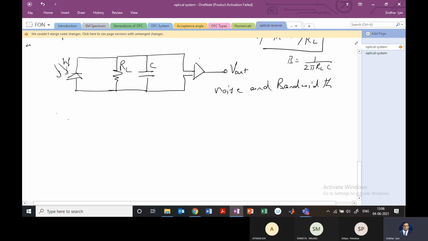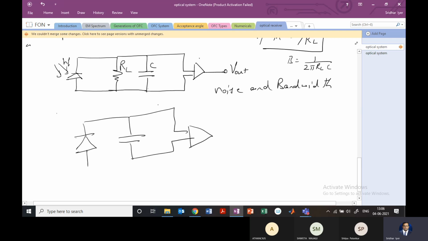You can also have a trans impedance amplifier. So the trans impedance amplifier looks something like this. You have the photo detector. So we have the photo detector here. We have the capacitor. And then we have the amplifier.